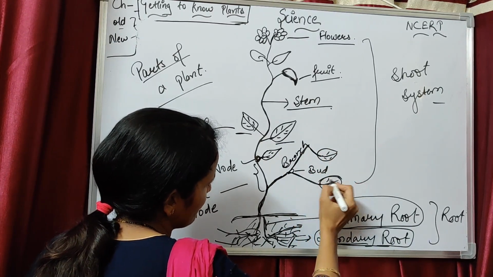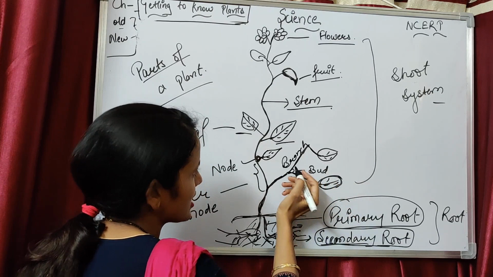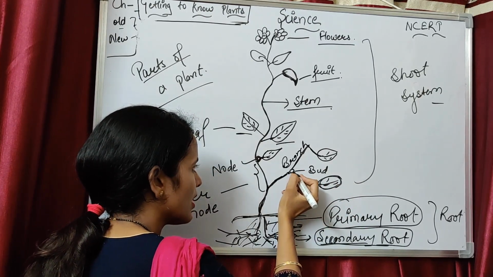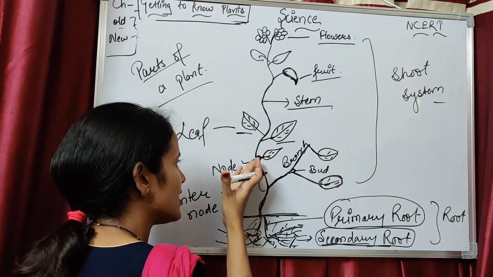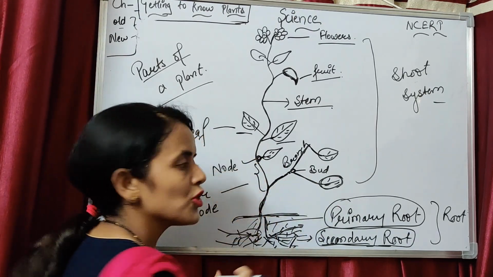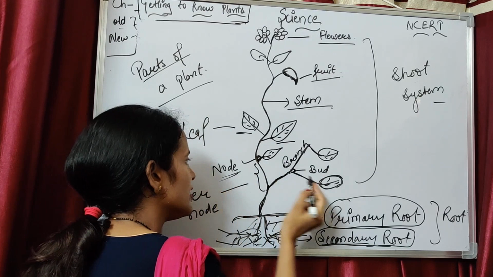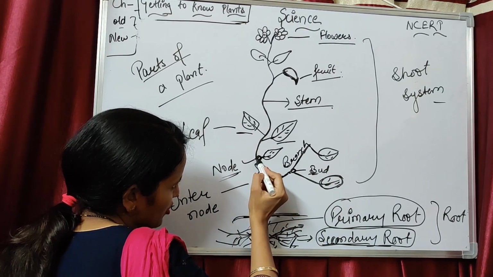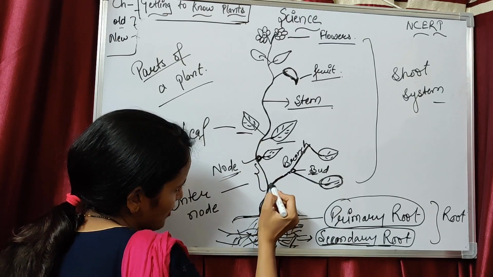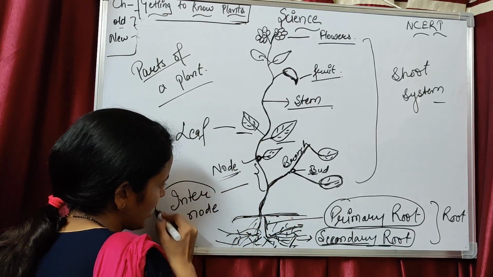Between two branches there is a bud. The node is present near the leaves, the bud is present between the two branches. And between one node and the next node having a new branch, there is an internode.